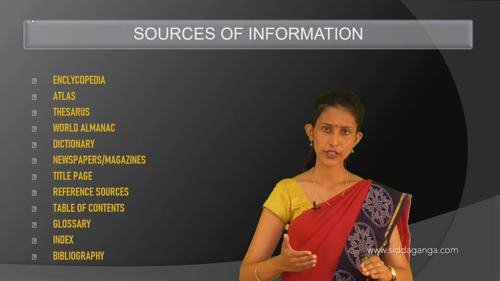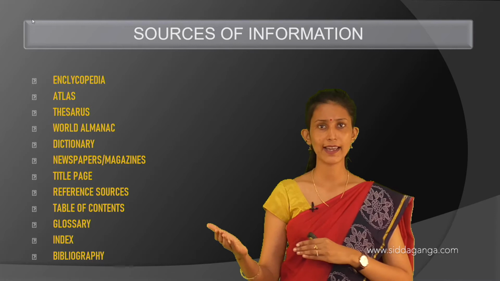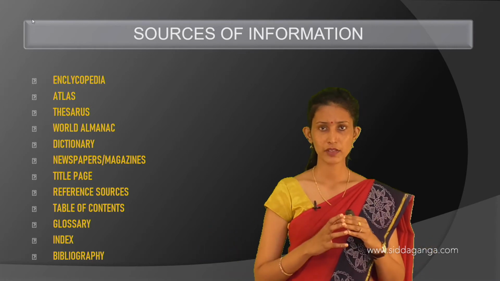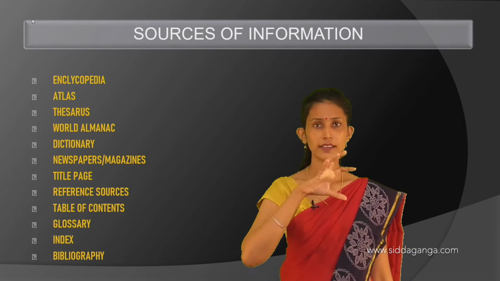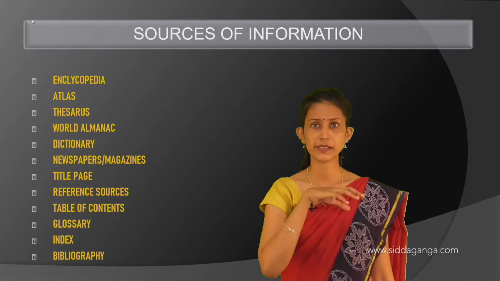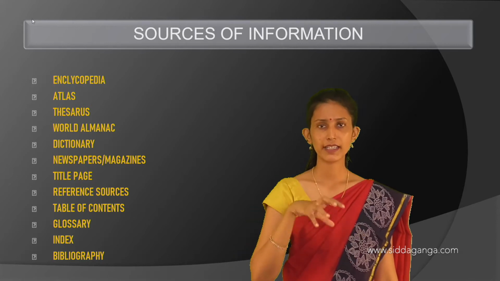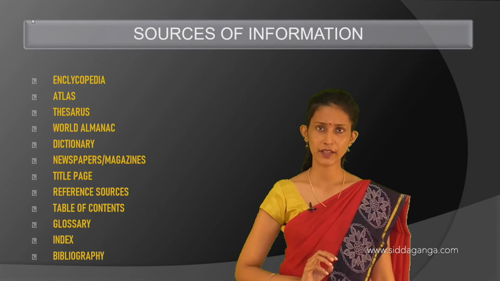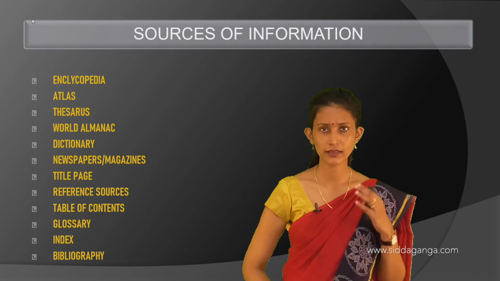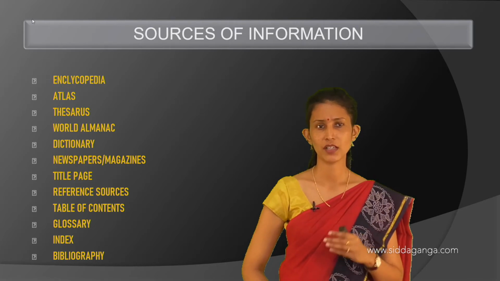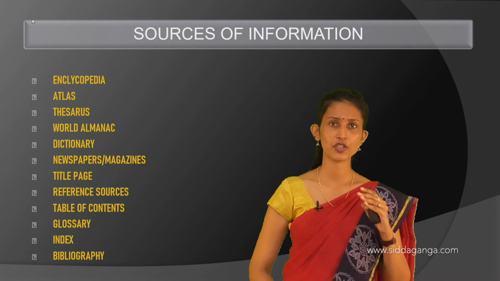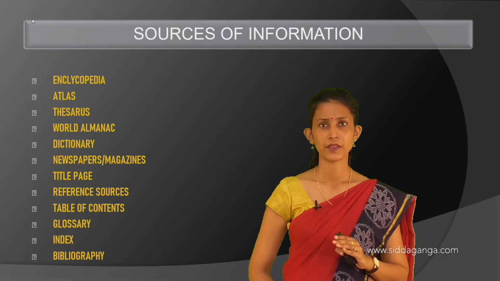If it's continuously going on, you go forward to the third letter L, and there is where you find atlas. Sometimes the dictionary is divided, where you get reference words below. The page is being divided, reference words of 2 pages are given there. So when you look down, you can make out, okay, that word is there in that particular page. So that is what is a dictionary and the basic uses of a dictionary.